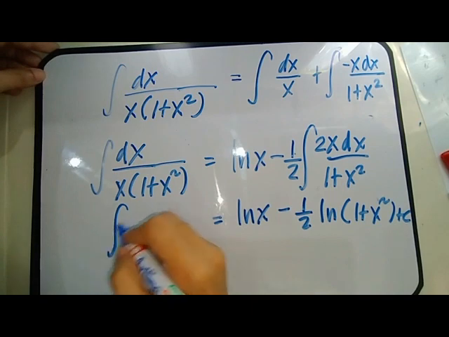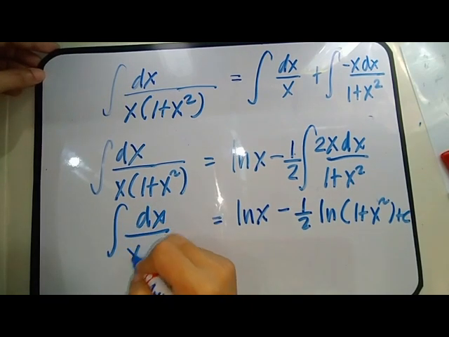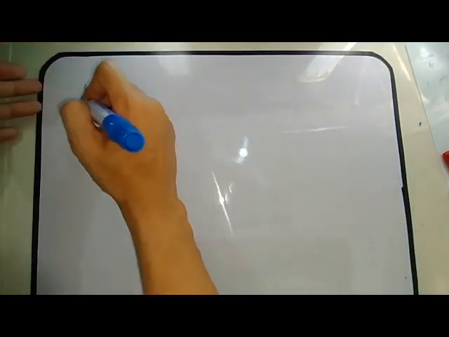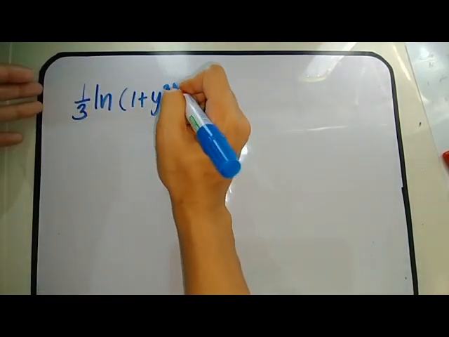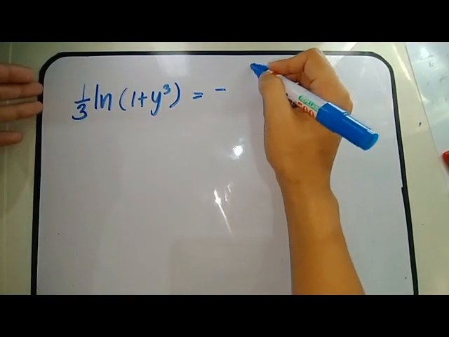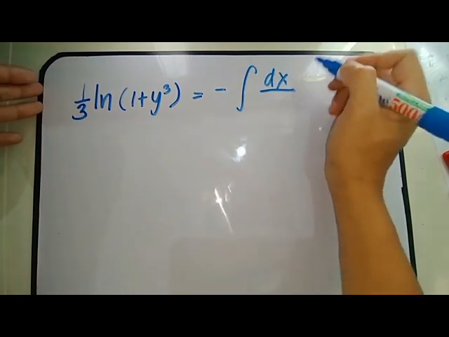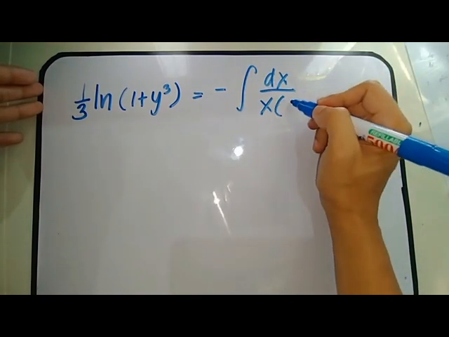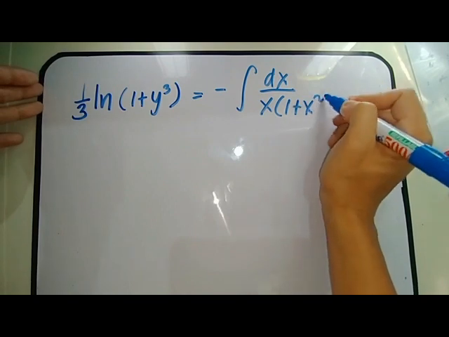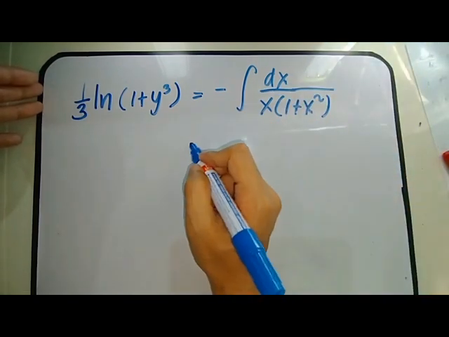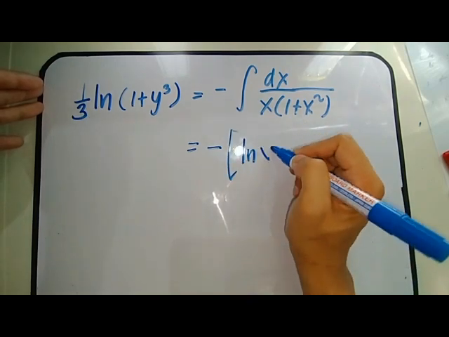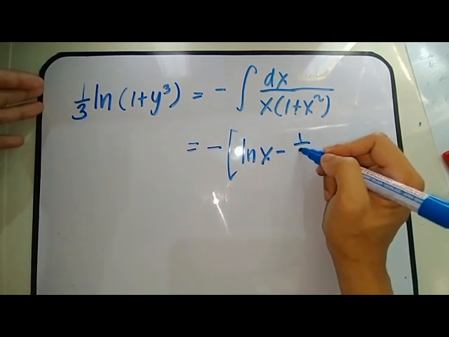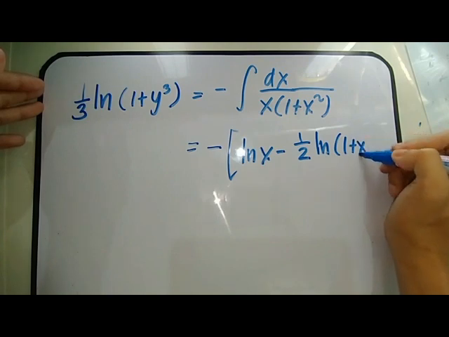So kompleto na guys. I-substitute na lang natin lahat. Previously, we have 1/3 ln 1 plus y cube equal negative integral of dx all over x times the quantity 1 plus x squared. But we have found this, so we have negative, so that is ln x minus 1 half ln 1 plus x squared.